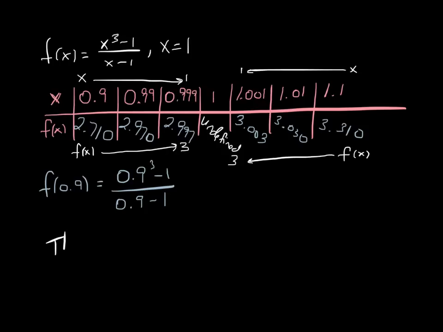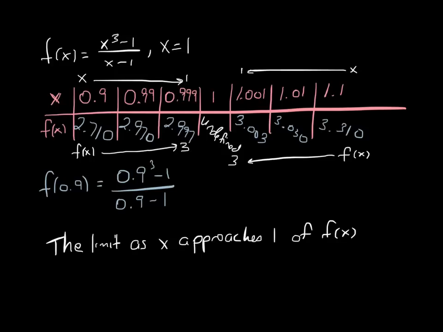So we can say the limit as x approaches 1 of f of x is 3. So the limit of f of x as x approaches 1 is 3.